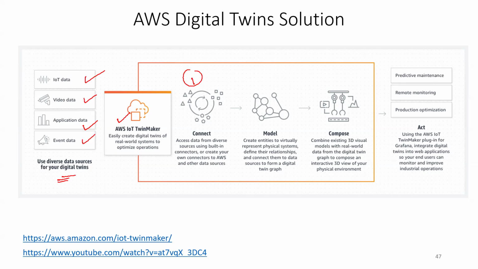And the solution works through four main steps. The first one is connect, the second one is about modeling, the third one is about compose, and the fourth one is about act. In the connect step, this is where we bring data in from multiple sources.